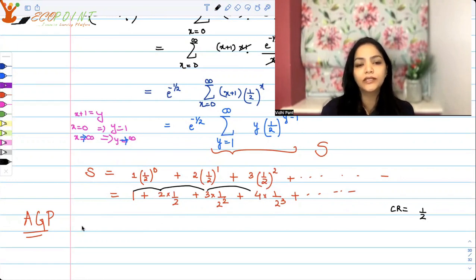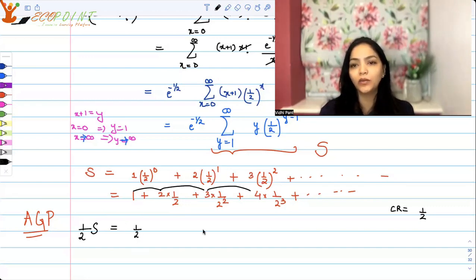So I'm going to multiply this sum by half. So half S will be, now in the denominator one power of 2 will increase: half, 2 upon 2 square, plus 3 upon 2 cube, plus 4 upon 2 to the power 4, and so on.